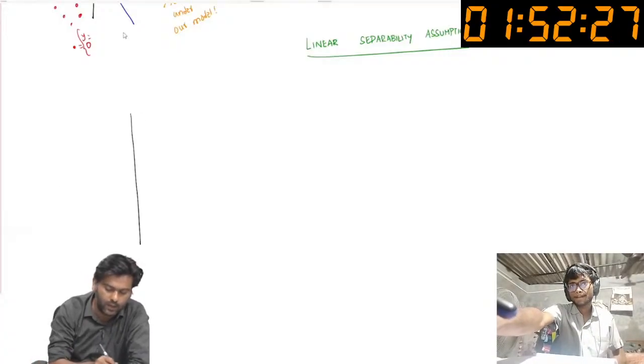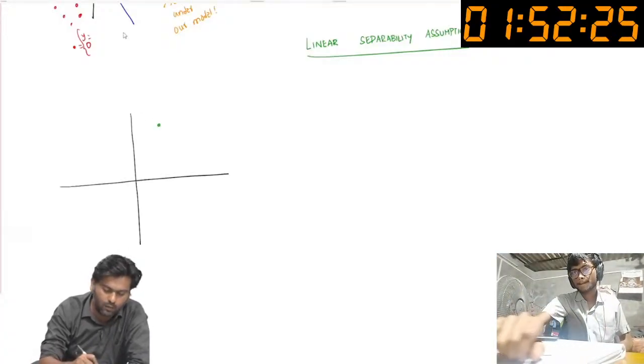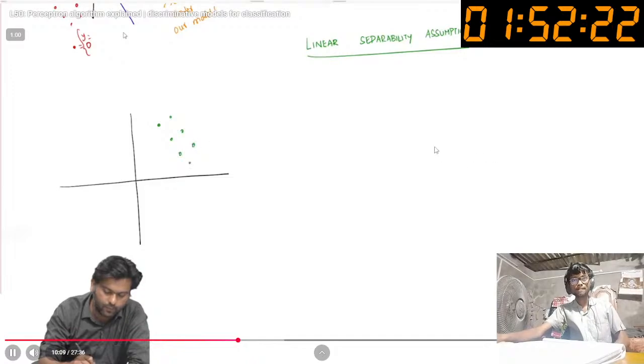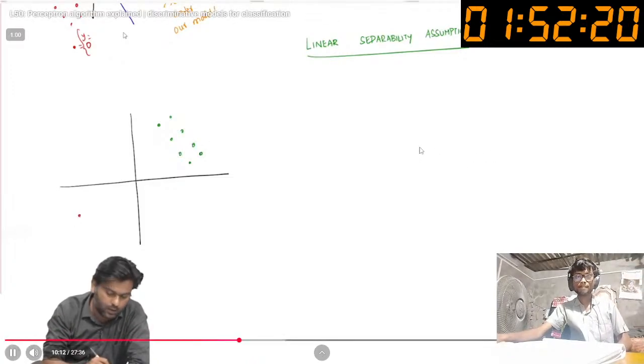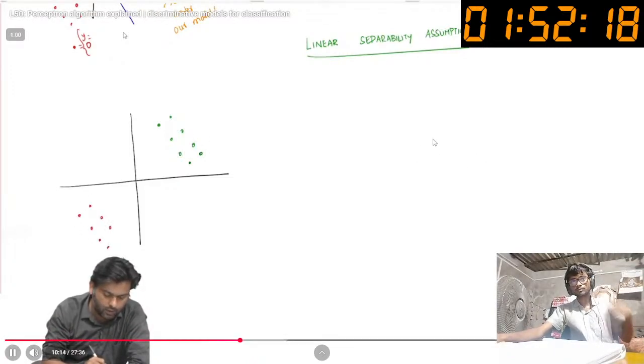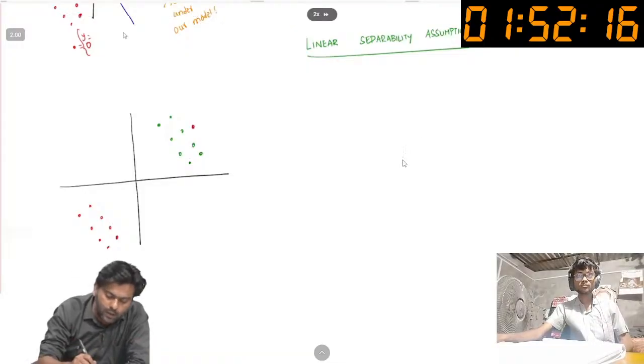So now here is a data set where you have lots of greens here, which corresponds to y equals 1, and let's say lots of reds here, which corresponds to y equals 0. Let's say there is a red here as well.